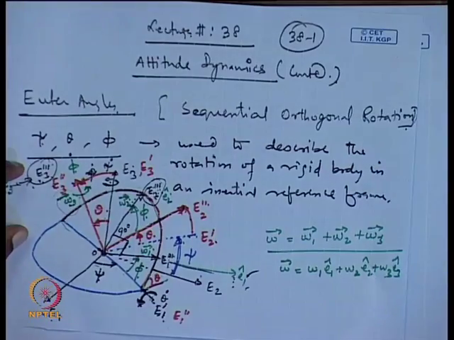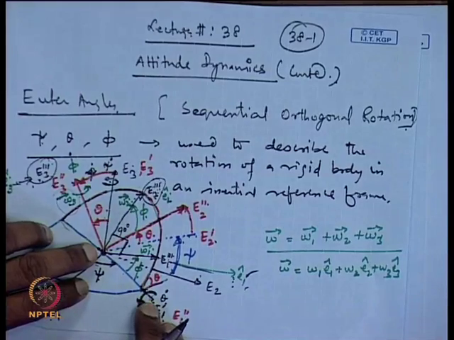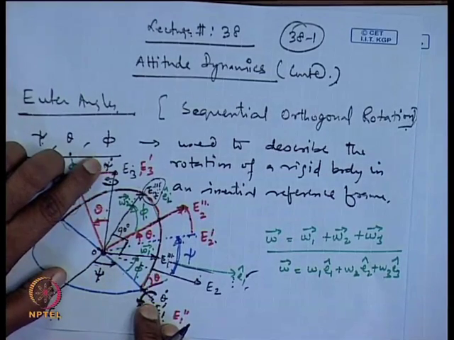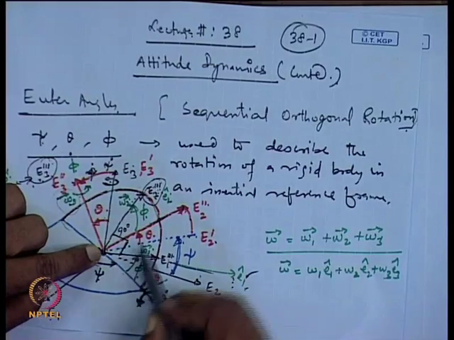Okay, now the next rotation. You are rotating this vector, psi dot, which is a vector in the present reference frame, shown by this line.